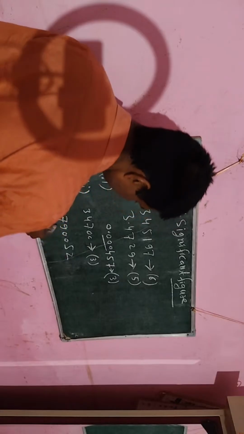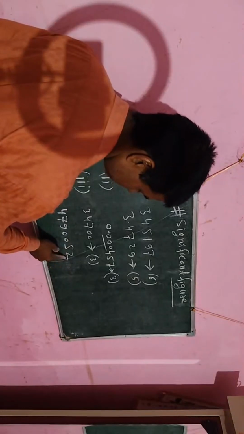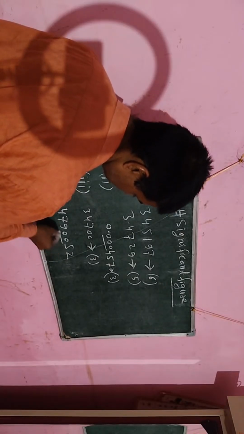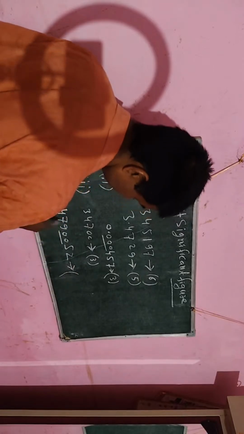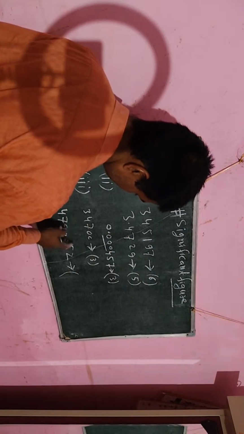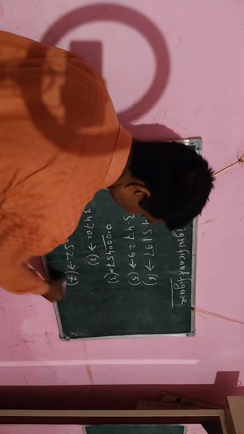These are non-zero values, and between the non-zero values zeros are also available. So these zeros can be counted as significant. The significant value will be 1, 2, 3, 4, 5, 6, 7. So the significant figures here are 7.